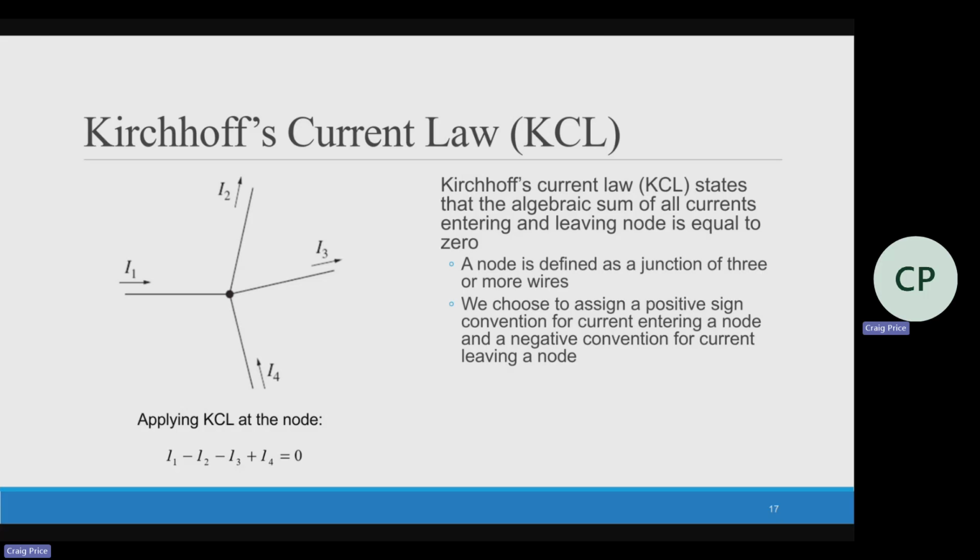So in this case, we've got 2 inputs, I1, I4. We could write it like that. We could also say we have I1 plus I4. Those are entering, and then these ones are leaving. So the sum of all entering has to equal the sum of all leaving.